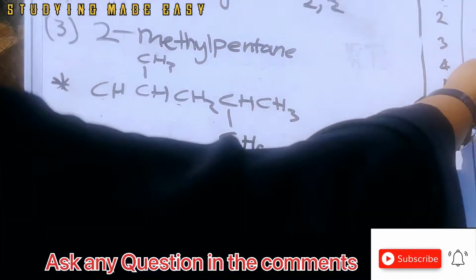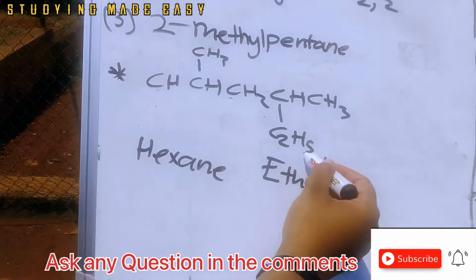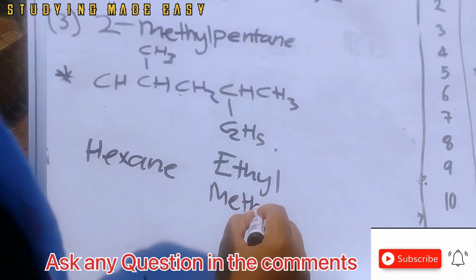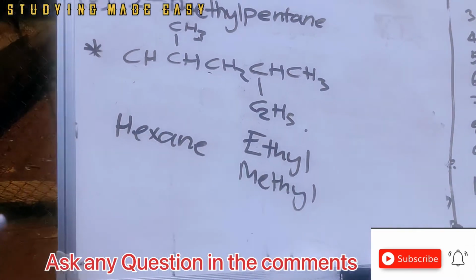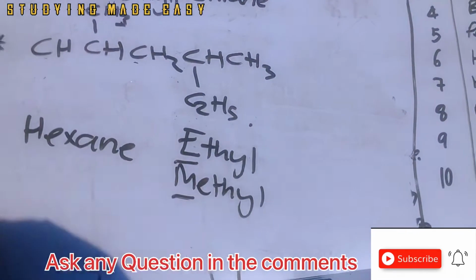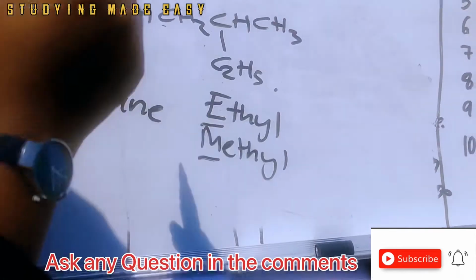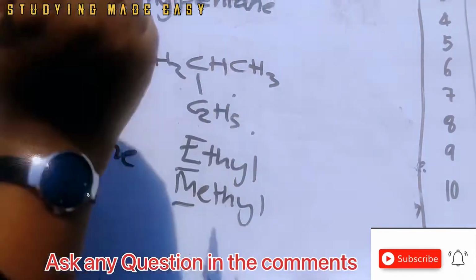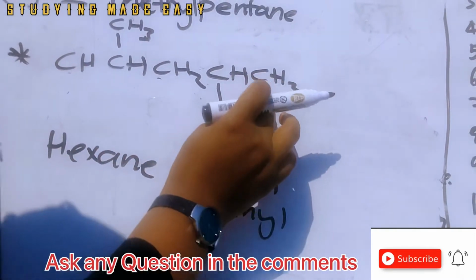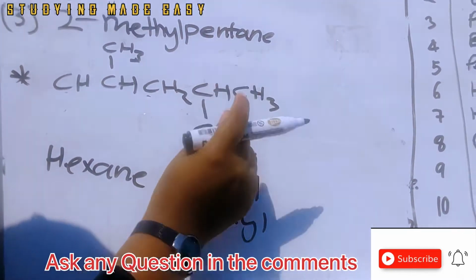Because it's an ethane but has lost 1 hydrogen. And this one is a methyl group. Following the alphabet, E comes before M. Alright? So we're going to give priority to this. Sorry, yeah, this one.